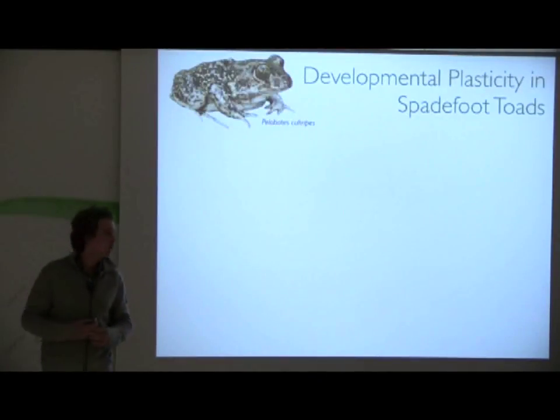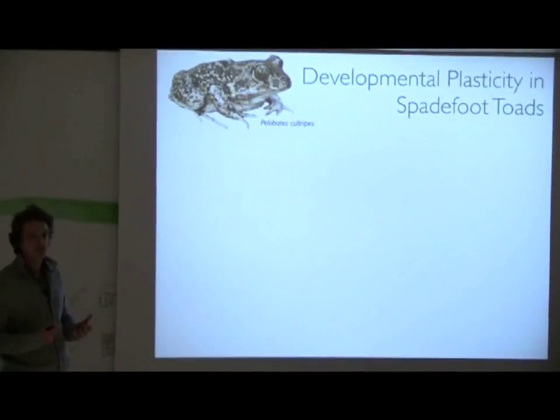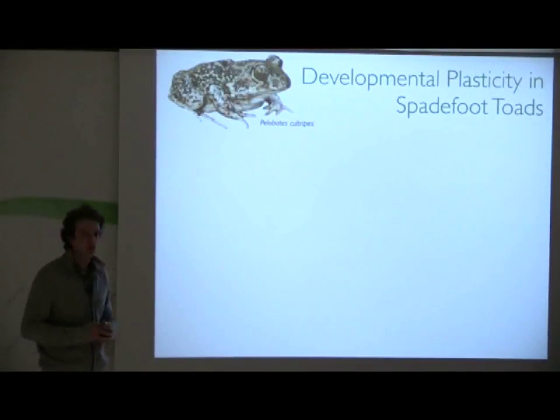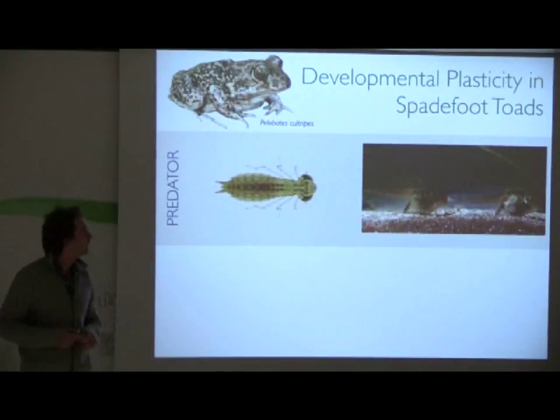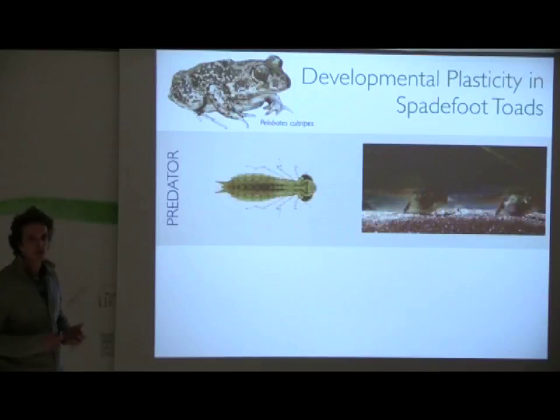So here in Doñana, we're quite lucky to have a really nice developmental plasticity system right at our doorstep, the western spadefoot toad, Pelobates cultripes. And the larva of this frog can respond quite drastically to changes in environment.